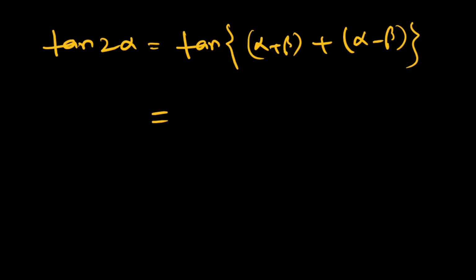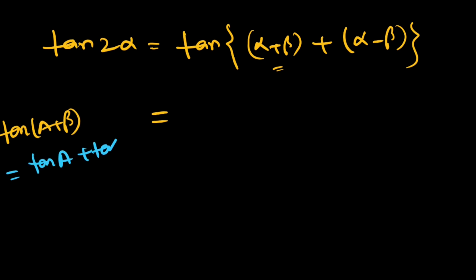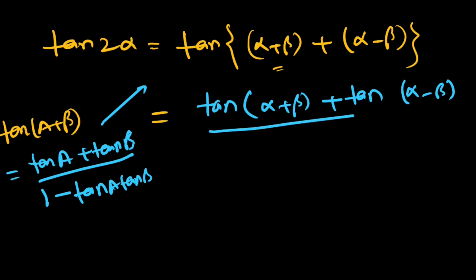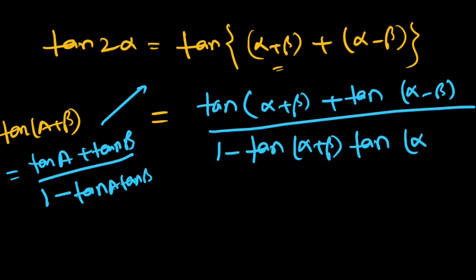Therefore we use the tan of a plus b formula, that is tan of a plus b is equal to tan a plus tan b over 1 minus tan a tan b. This formula we use here. Therefore tan of alpha plus beta plus tan of alpha minus beta over 1 minus tan of alpha plus beta into tan of alpha minus beta.